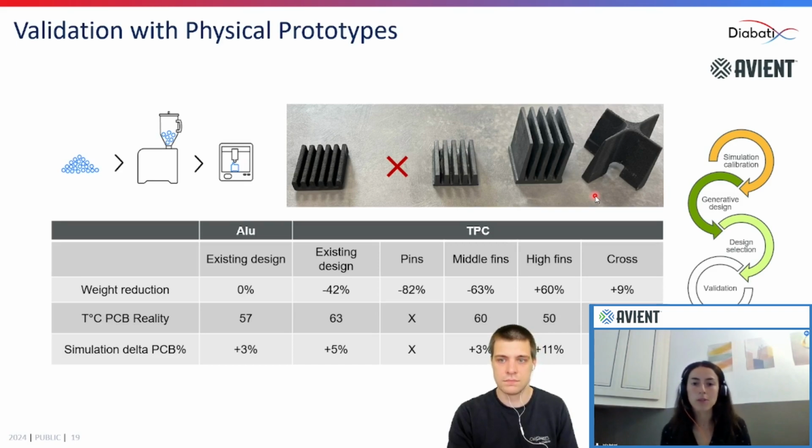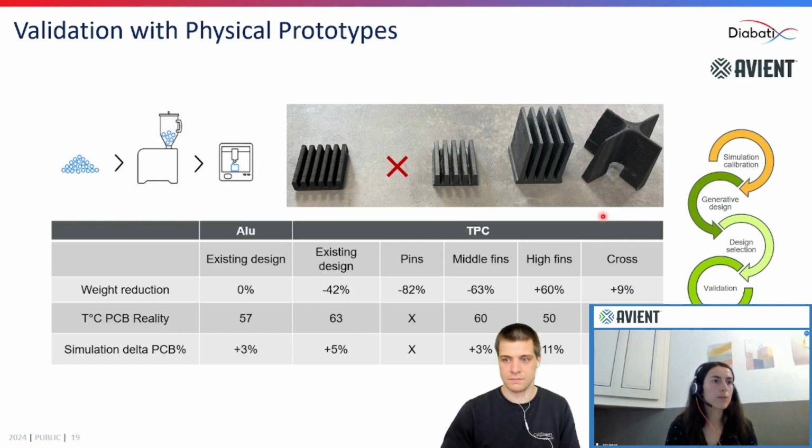And the cross design is giving a pretty good equivalence to the aluminium part, with a weight that is pretty much the same and a thermal performance that is also pretty much the same. So it shows that using a good design with thermally conductive plastic can replace aluminium in certain applications, and for LEDs, it's working pretty well.